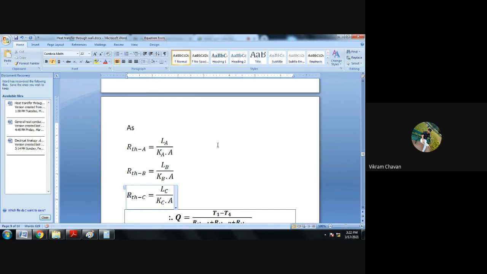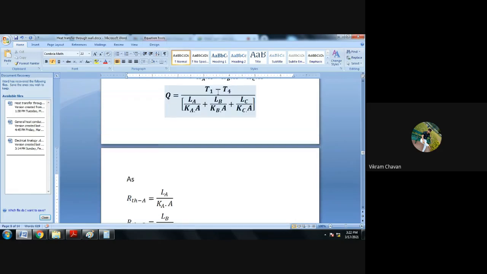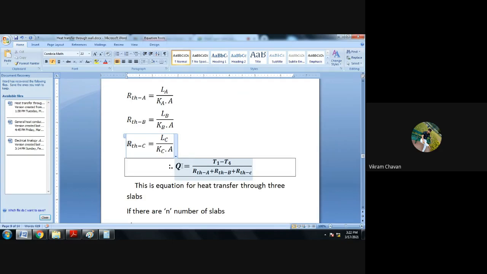Therefore, we can write for this particular equation, Q is equal to (T1 minus T4) whole divided by RTHA plus RTHB plus RTHC.